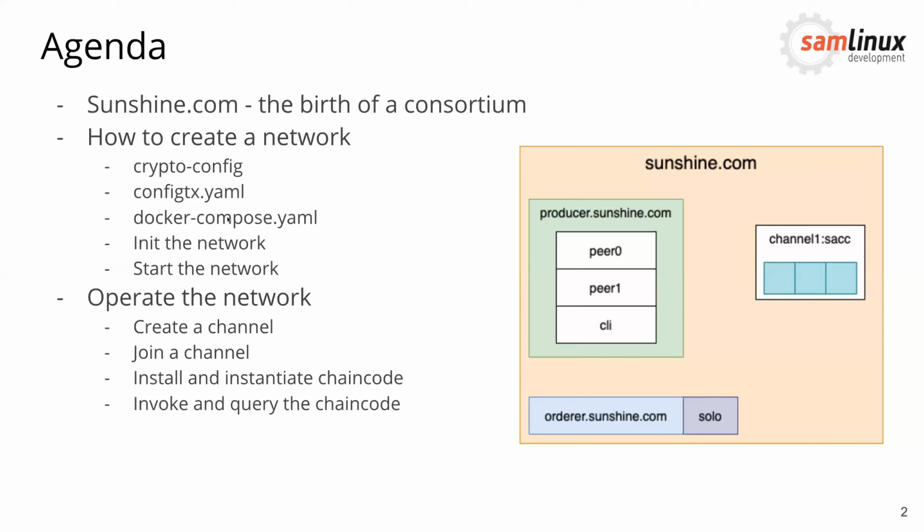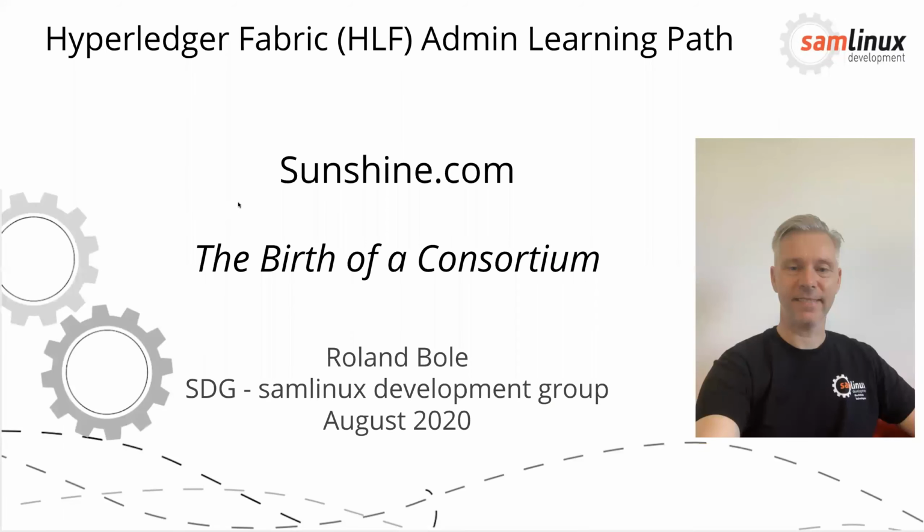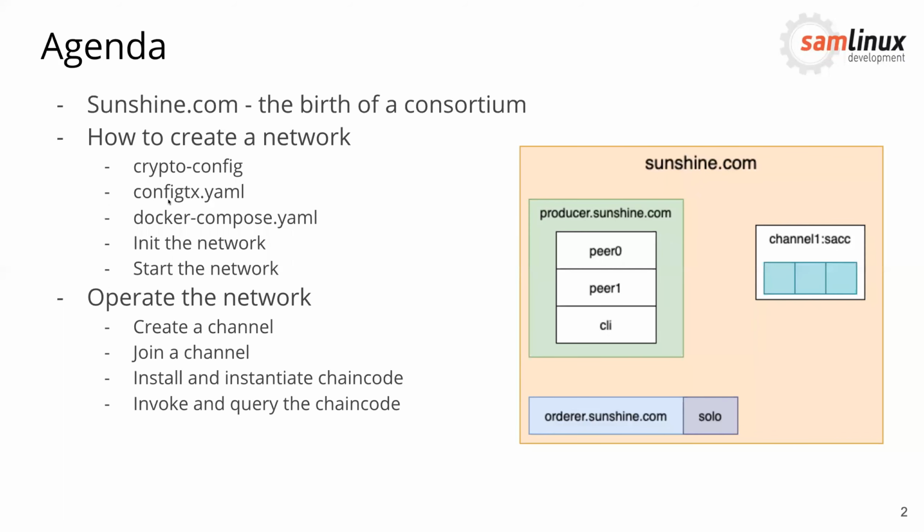Then we need the Configtx YAML file. It's also a configuration file. You will see what this is needed for and what we have to edit to create our example. Then we have to look into a Docker Compose file.